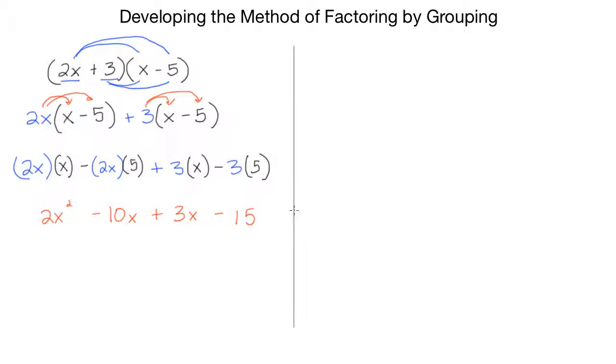All right, we're going to pause at this point because here's where I want to highlight. We're going to learn about factoring by grouping. Factoring by grouping is used when we have four terms. Used on polynomials with four terms. So at this point right here, you can see we've got 2x squared minus 10x plus 3x minus 15.